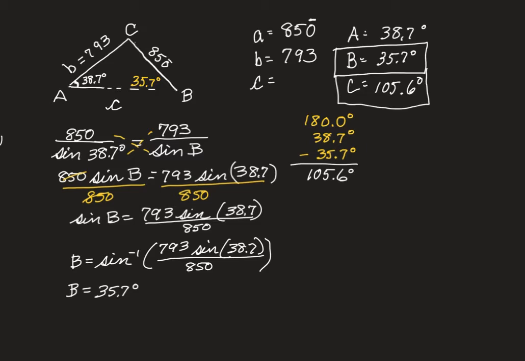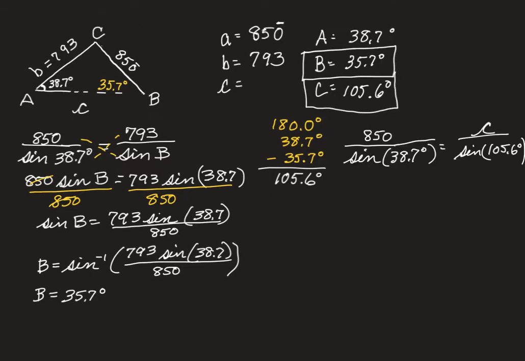Now finally we have to go back to our ratios to find side C. Once again, we return to our original angle opposite side pair of the A's, 850 over the sine of 38.7. We'll set that equal to side C over the sine of angle C and cross multiply. So there's the cross multiplication. And now, as you can see, we still have some more steps before we can find C. We have to isolate C by dividing both sides by the sine of 38.7.